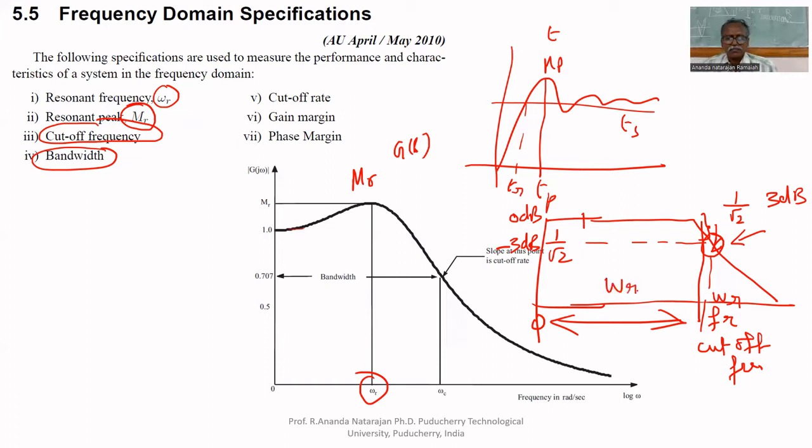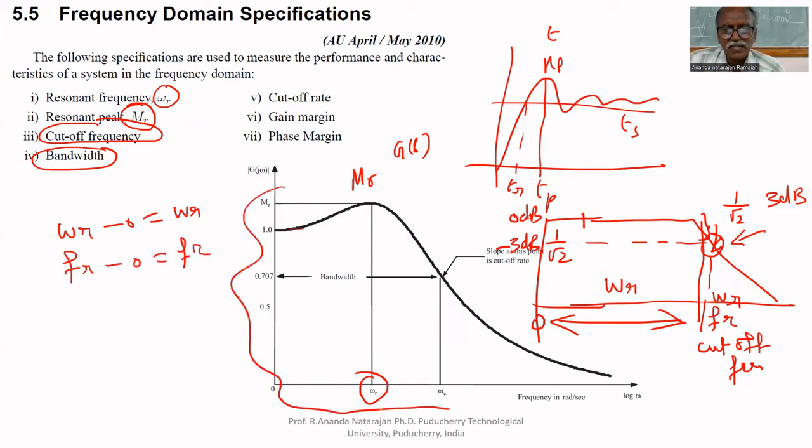The frequency up to which the magnitude is within the 3 dB is called bandwidth. So bandwidth is omega R minus 0, that is equal to omega R. If you tell in hertz, FR minus 0 equals FR. It is only a right-sided signal; there is no left side, one-sided signal.